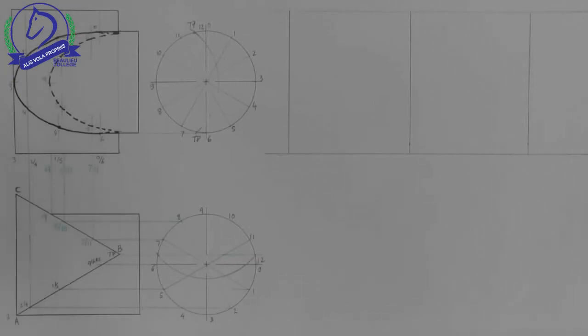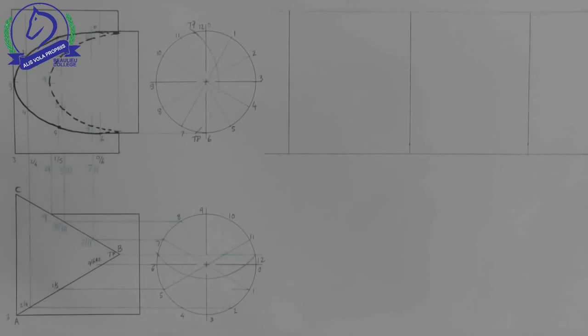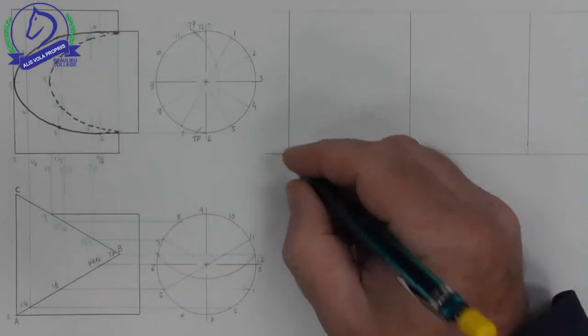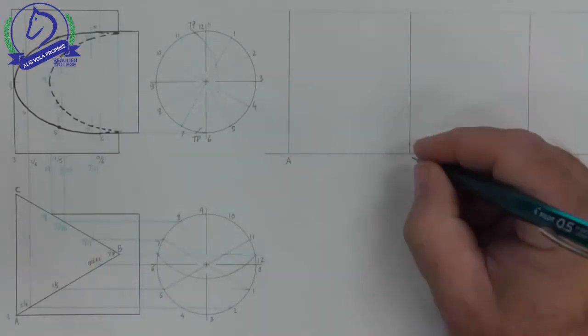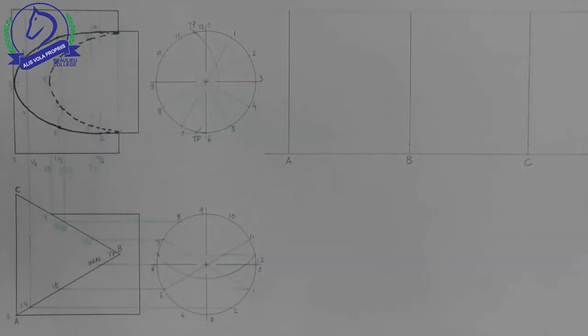I've projected my height dimension across and I've marked off the lengths. So what I've done is I've taken the distance A to B and just labeled those corners A, B and C, and let's mark off the same in our development.